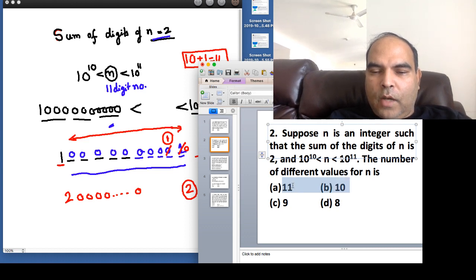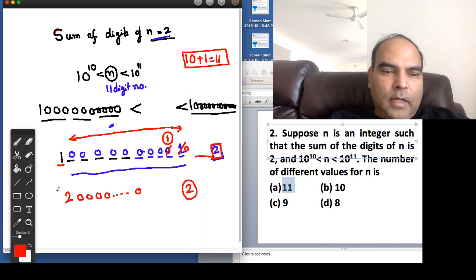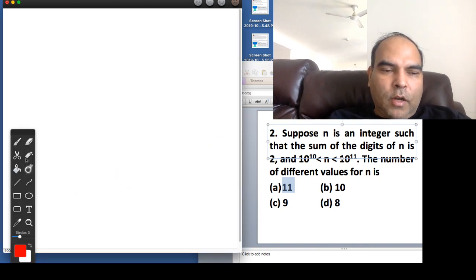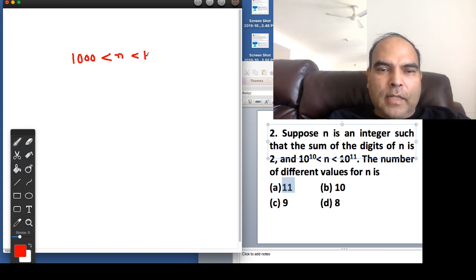Another way to help yourself visualize these questions better is to try to think about smaller numbers. So suppose I change it to n is greater than 1000 but less than 10,000.